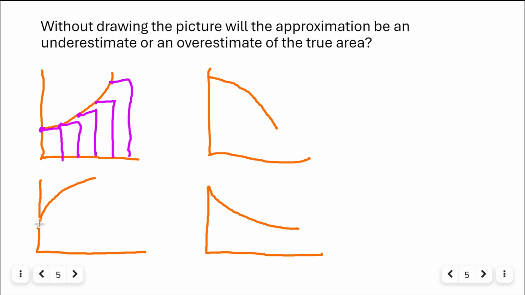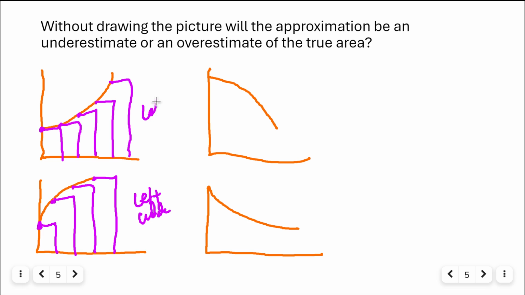Okay? What if I drew this from the left? Point here, crossing down. Point here, crossing down. Point there, crossing down. Point there, crossing down. So from the left, it's under. What about on this one over here? We draw from the left.